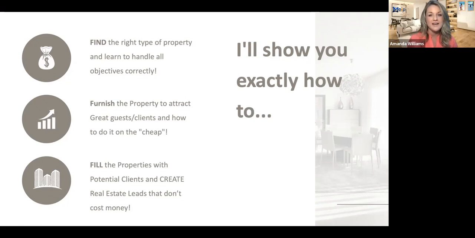So your perfect guest, whether that's a relocation client or someone who's vacationing or even just family, right? Family, friends coming in to visit. And then also, last but not least, I'm going to be going over filling the property. And that, again, is going back to who is your current avatar and how can you create the most leads coming in for your real estate brokerage business.